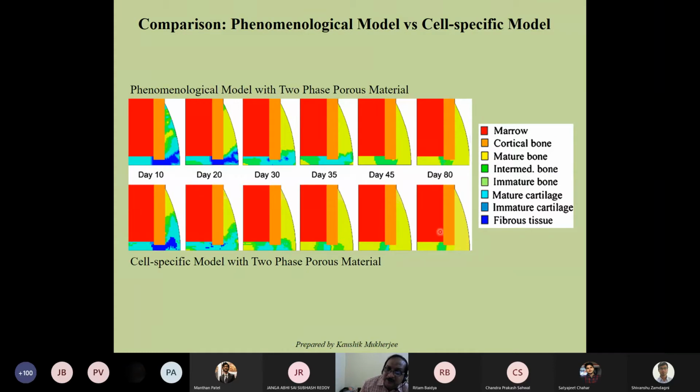Very, very minor differences, if you observe, as I am pointing with my laser pointer, the day 18 slide, top and bottom. If you compare, you see almost similar, only some differences in the green here.